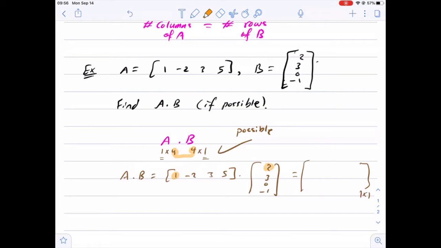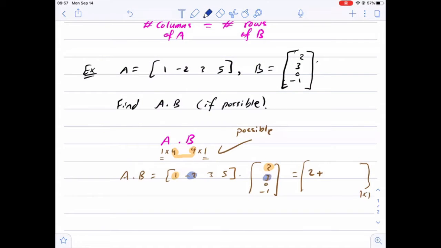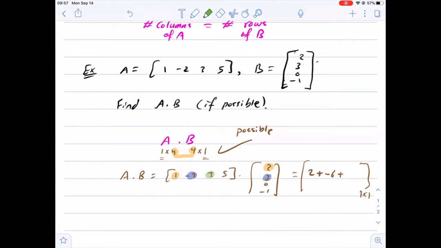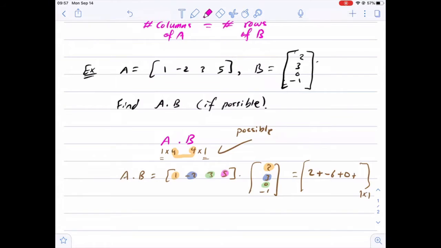1 times 2 is equal to 2. And then we add the second, which is -2. The corresponding element is 3. -2 times 3 is -6. And then we add. Then we have 3 times 0, which is 0, plus then we multiply 5 by -1, and that gives -5.